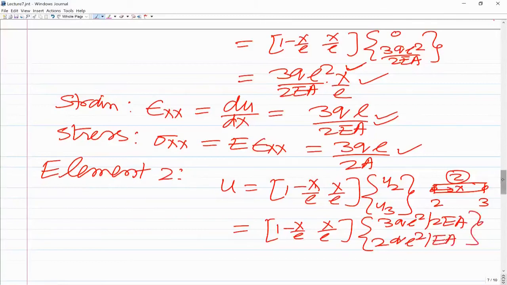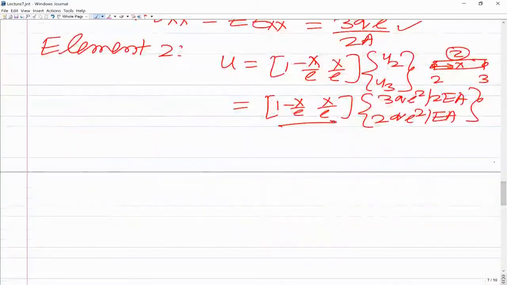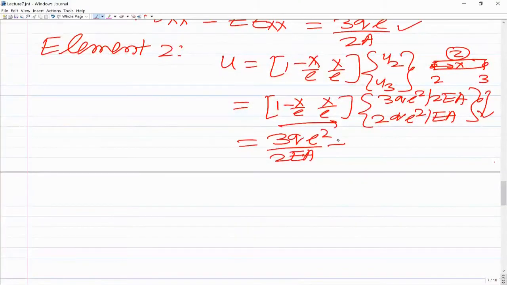So now if you multiply this with this here and simplify, finally you will get 3qL square upon 2EA plus qL square upon 2EAL into x. So this is what you will get. Again, as I said, using this you can calculate the displacement anywhere within the second element.